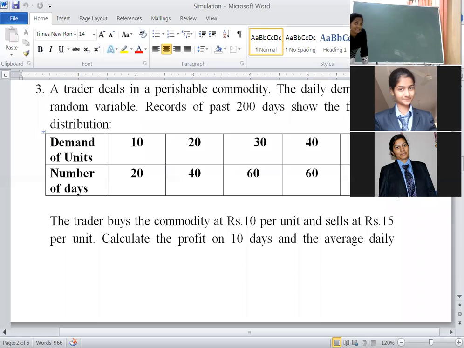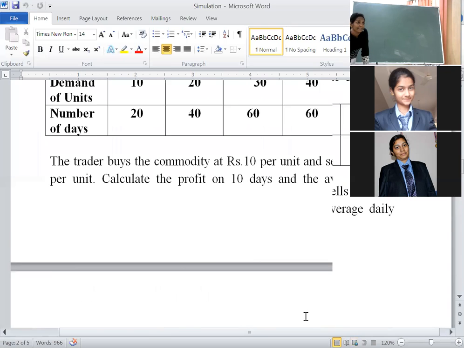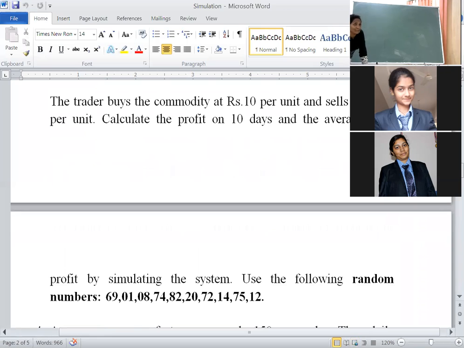Okay, go through the sentences. Here it is given. Okay, random numbers are also given.